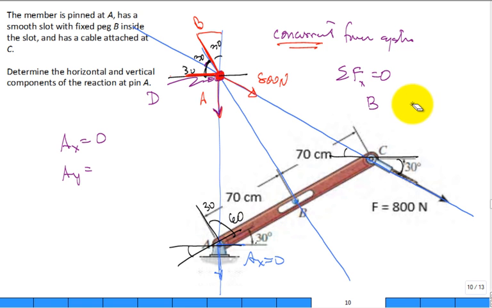Why didn't I just do the sine of 30? A lot easier now that I look at it. Equal to the 800 times the cosine of 30. This angle right there, 30. That way you get B right away. And then you solve for A. You get the same magnitude of A. AY is the downward 800 newtons.